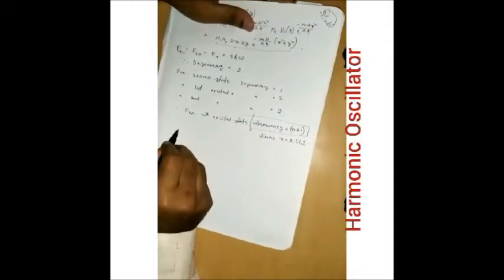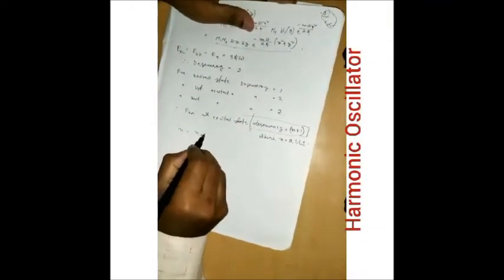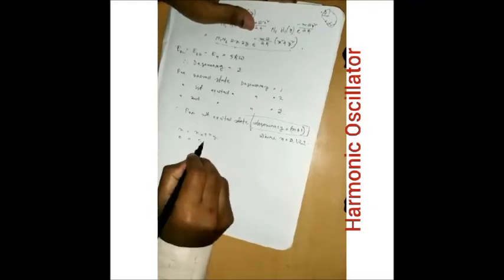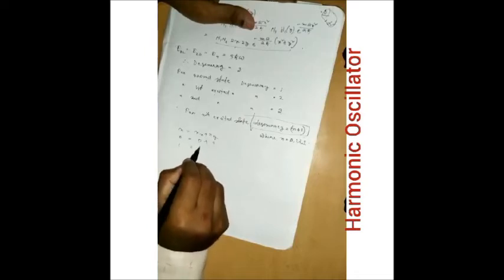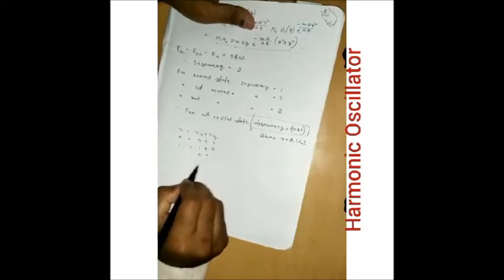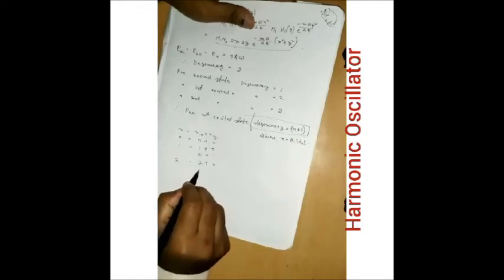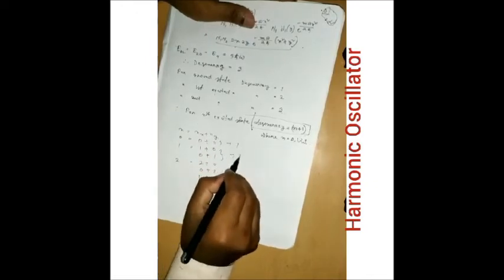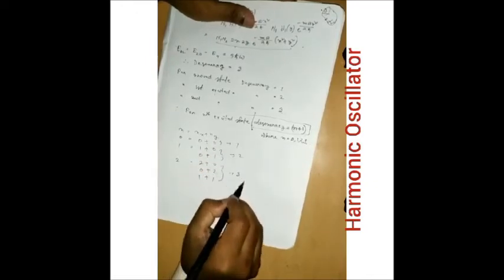So we have n equal to nx plus ny. So 0, that is 0 plus 0, or 1 plus 0, 0 plus 1, and for the second excited state energy 2 plus 0, 0 plus 2, or 1 plus 1. So here degeneracy is 1, here degeneracy is 2, here degeneracy is 3.